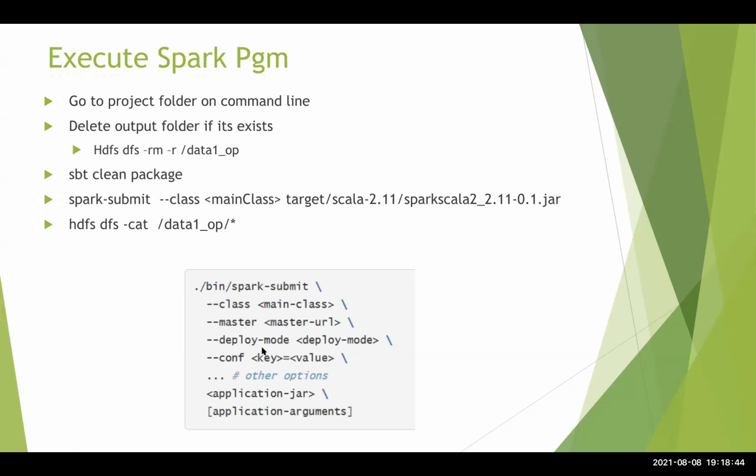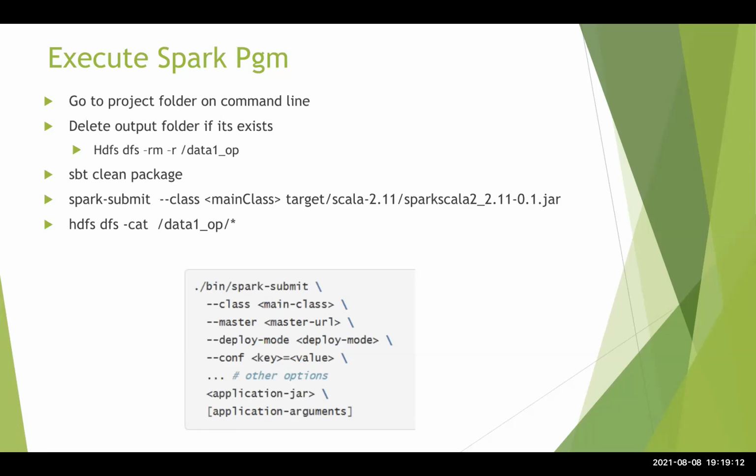You can pass a Spark configuration. This is very important. Spark provides you a hell of a lot of configurations, and there is one page in the Spark documentation which has all the configurations defined. We'll cover some of the important configurations in a coming session. I can give you some examples: driver memory, the number of executors, executor memory, executor cores.